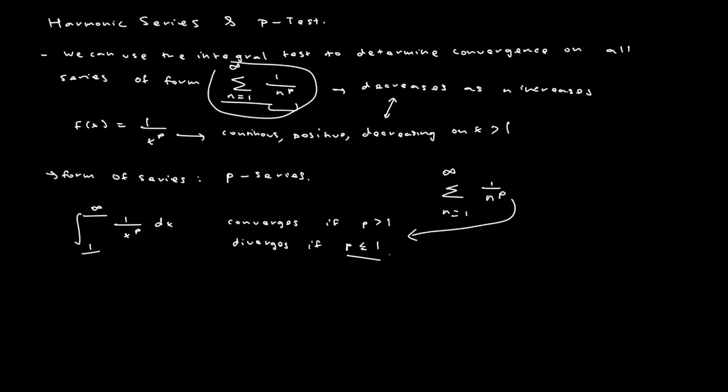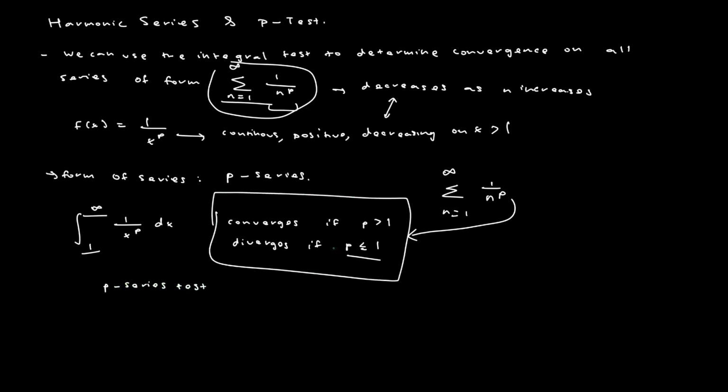And if p is less than or equal to 1, our series won't converge either. Because of this unique form of 1 over n to the power p, this is also known as the p-series test. And so the p-series test essentially just reinstates this fact that we know from our integrals.